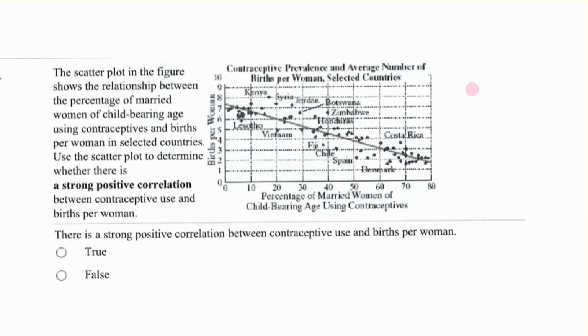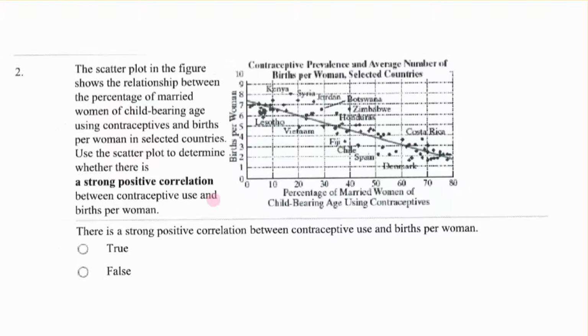This is kind of messy, kind of hard to read. All right. The scatter plot in the figure shows the relationship between percentage of married women of childbearing age using contraceptives and births per women in selected countries.